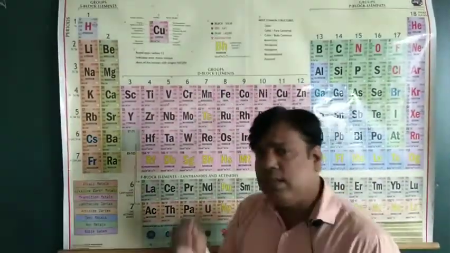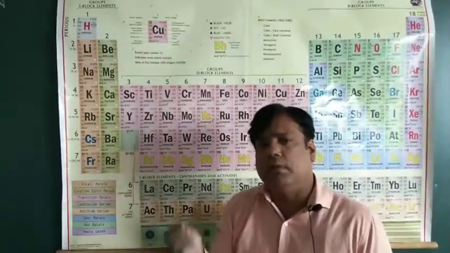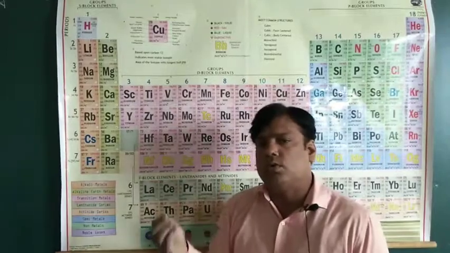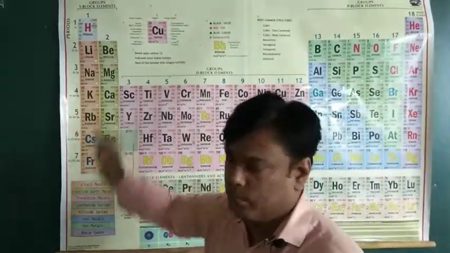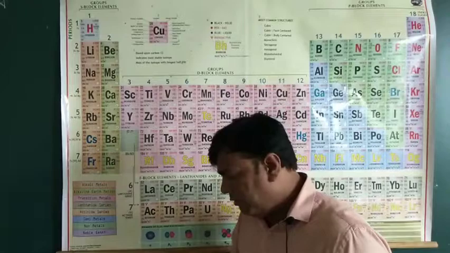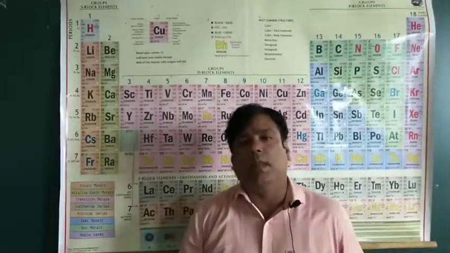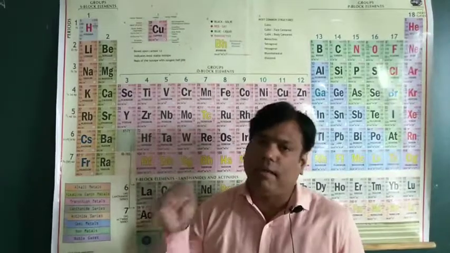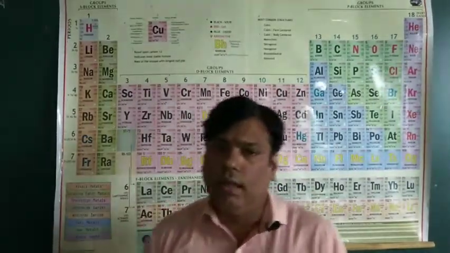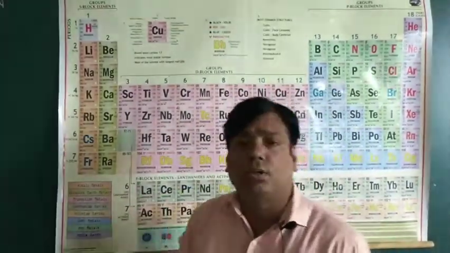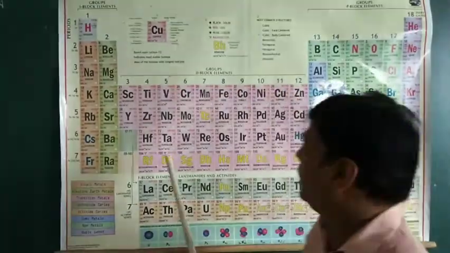So if elements have a similar number of electrons in the outermost orbit, they are in the same group. It means if the valency is the same, then chemical properties should be the same. Okay.